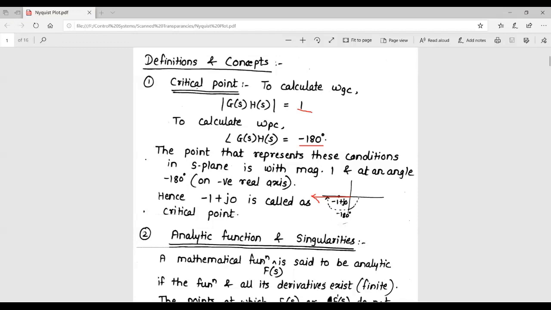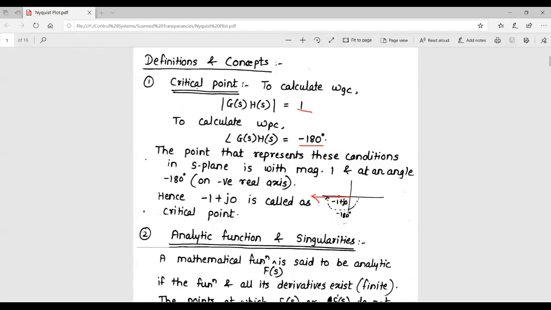Now on this negative real axis, the magnitude has to be 1, right? So the point minus 1 plus J0 corresponds to the point where both the conditions are satisfied, isn't it? So this point is known as the critical point. I hope this is clear with you. Minus 1 plus J0, why is the imaginary part 0?